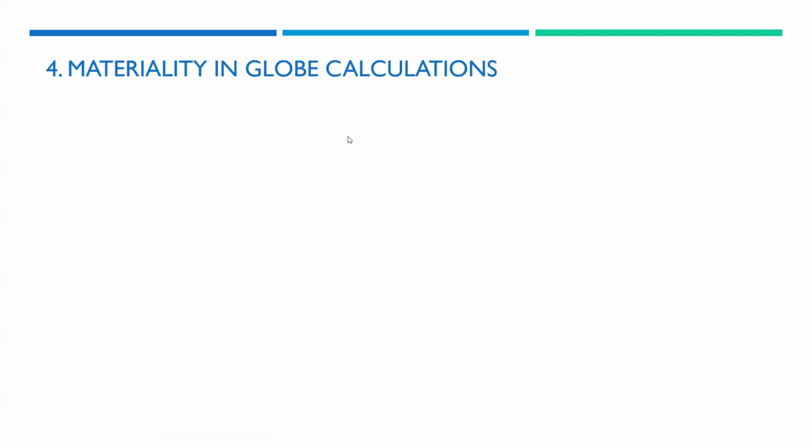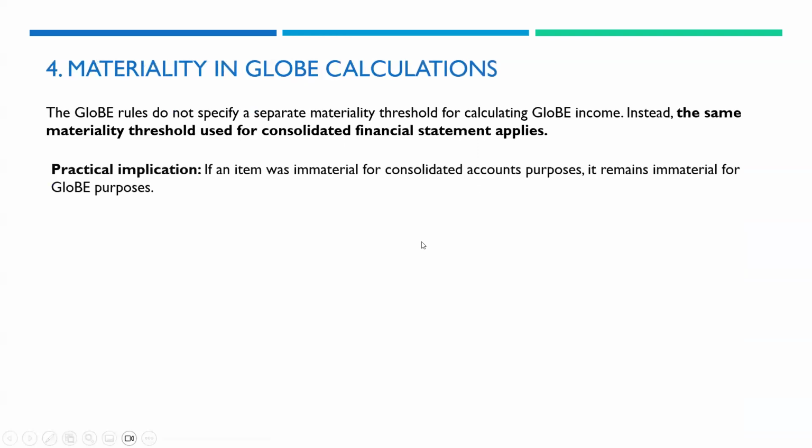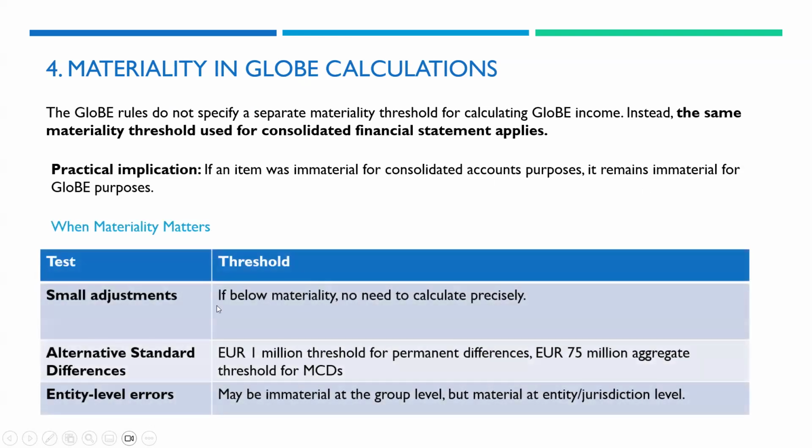Now, with respect to materiality, there is no separate materiality for GloBE calculations. Whatever is material for consolidated accounts purposes remains material for group purposes. But we learned that small adjustments need not be calculated. For alternative standard differences, I told you there is a 1 million threshold for permanent differences, and a 75 million aggregate threshold for material competitive distortions.